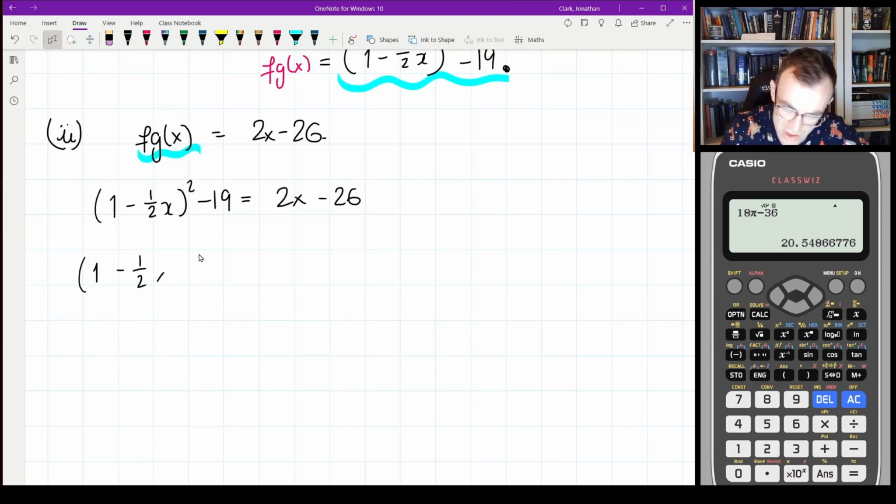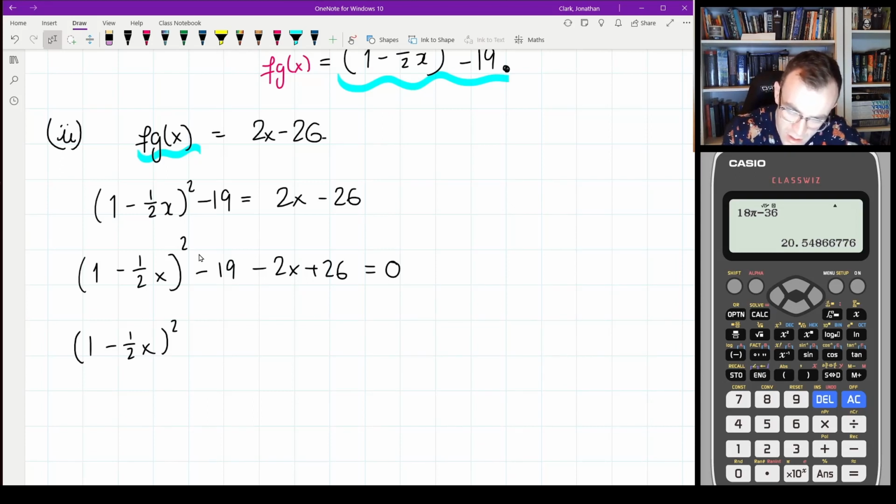I won't expand this just yet. Okay, so the outer bits here are going to work out as 19 plus 26 is 7. And let's expand this now. So it's going to be 1 take away 2 lots of the combined term, which is going to be a half times 1, which is just x. There we go.